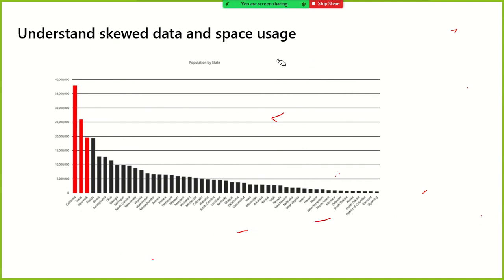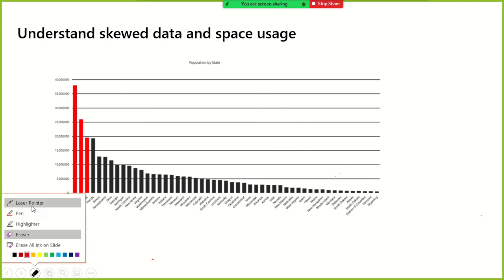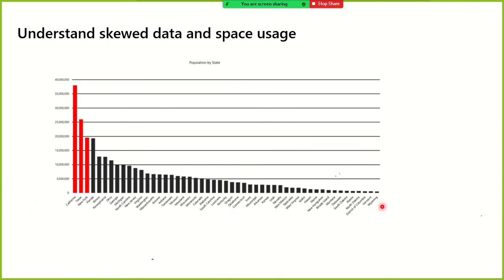Okay, so when you look at this population by states, you have the lowest states in the US having a population of, let's assume, maybe 1 million or 500,000 people.